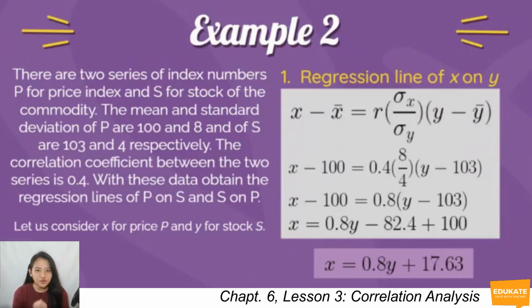Manipulating your variables, you're going to have the final answer of X equals 0.8Y plus 17.63.